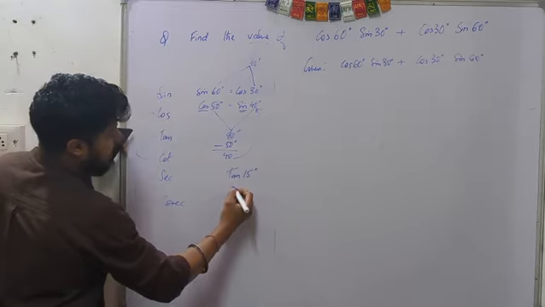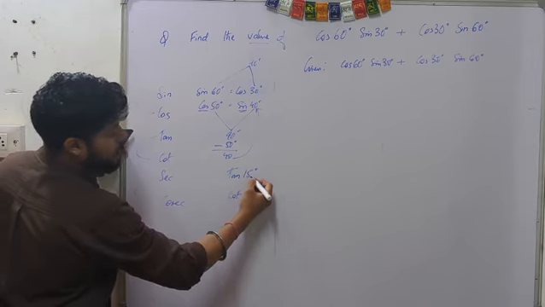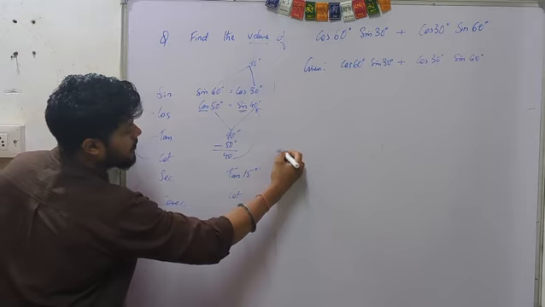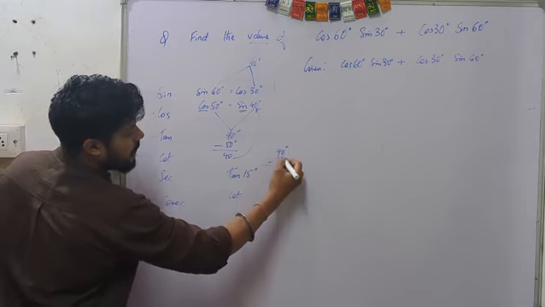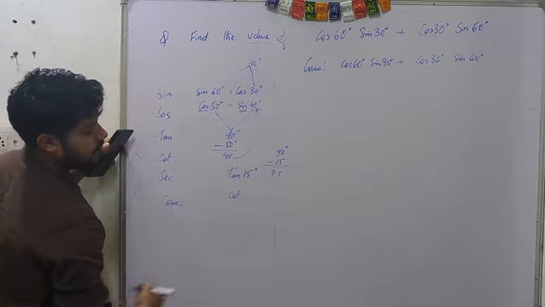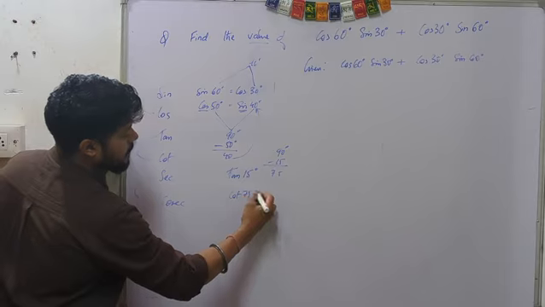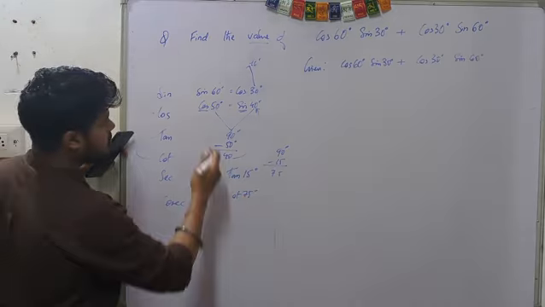So for tan it is cot, but how many degrees? It's given 15 degree. Simply 90 degree minus 15 degree, that gives you 75 degree. Is it okay?